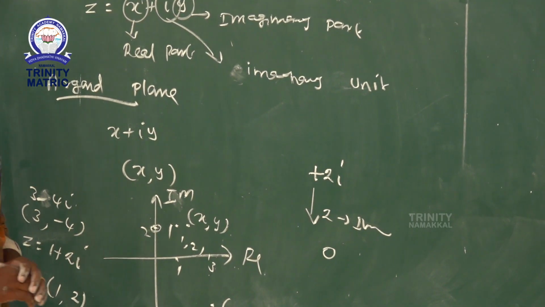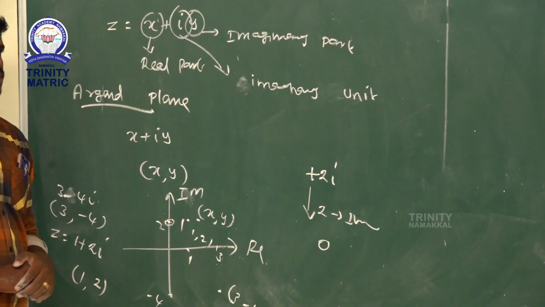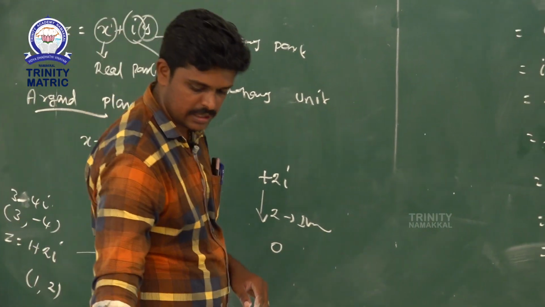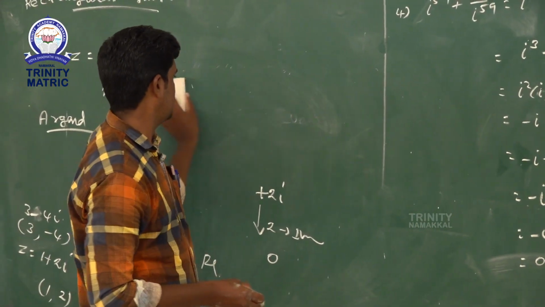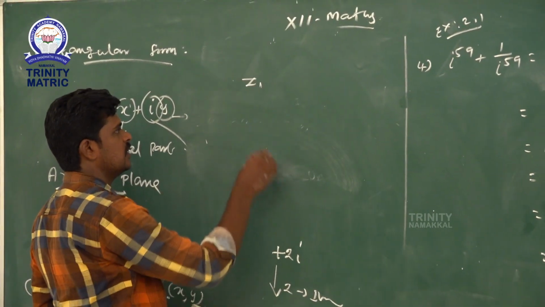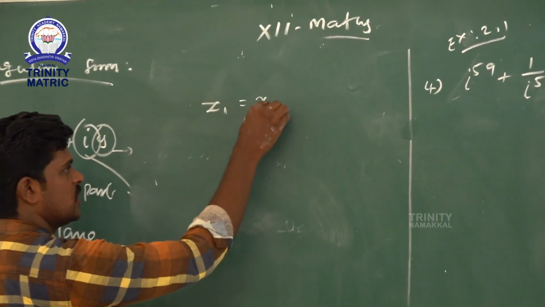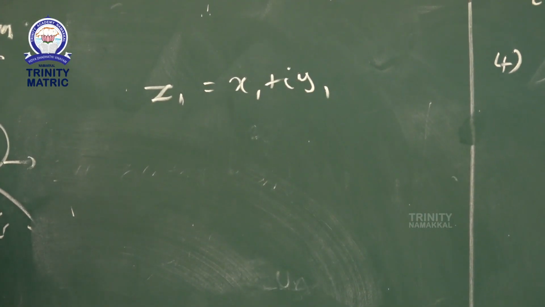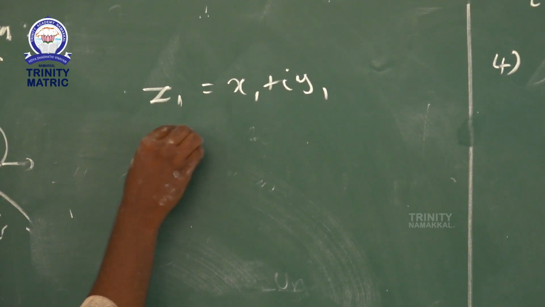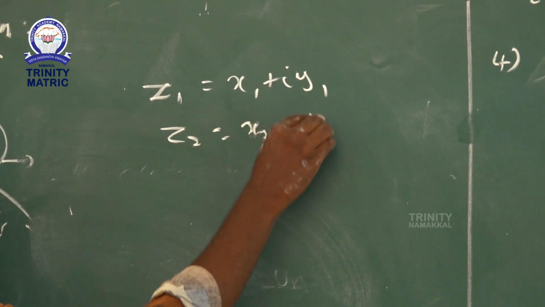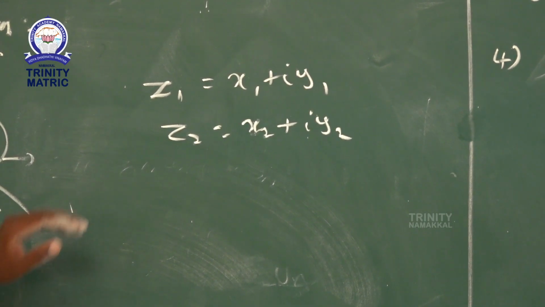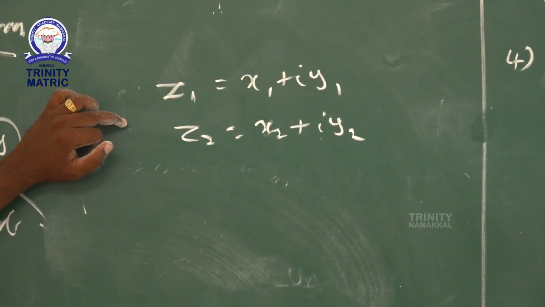Okay, next we go to equality of complex numbers. I give two complex numbers: z1 equal to x1 plus iy1 and z2 equal to x2 plus iy2. Consider two complex numbers z1 and z2.